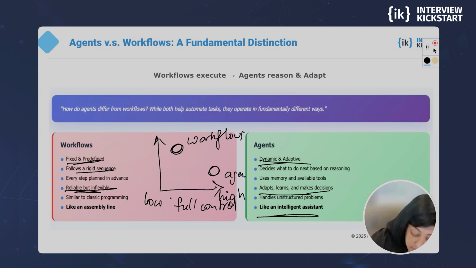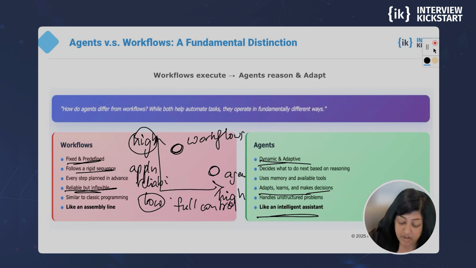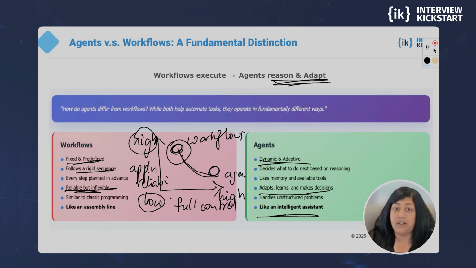Whereas in case of workflows, if you put this as application reliability, with low reliability here and high here, you'll see that workflows have a high degree of reliability. So agents are fully autonomous, they are fully in control because of their reasoning and adapting, right?